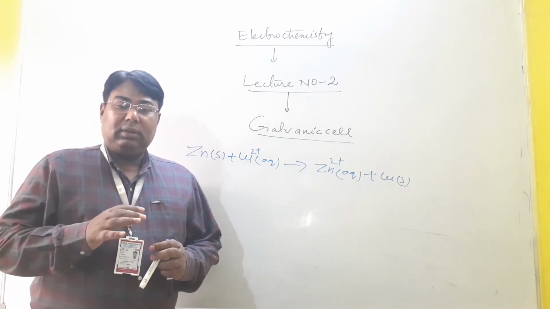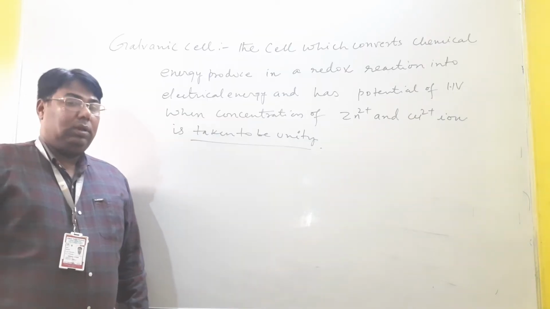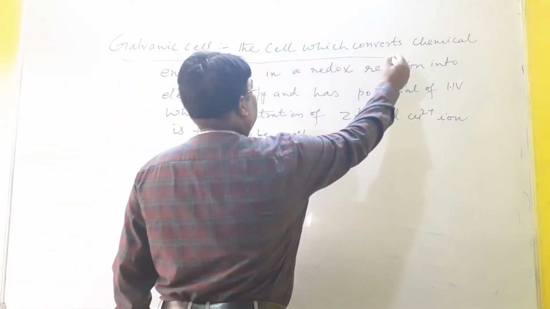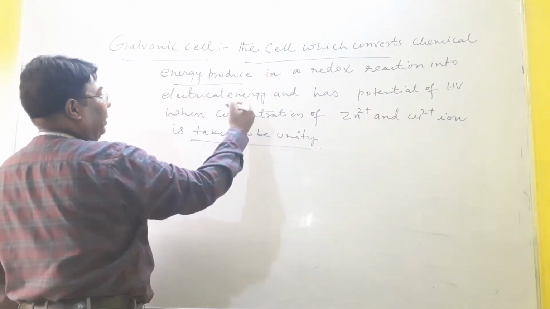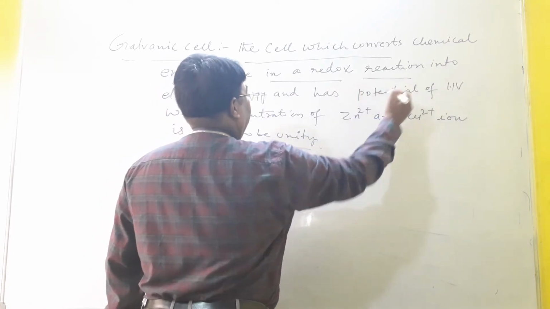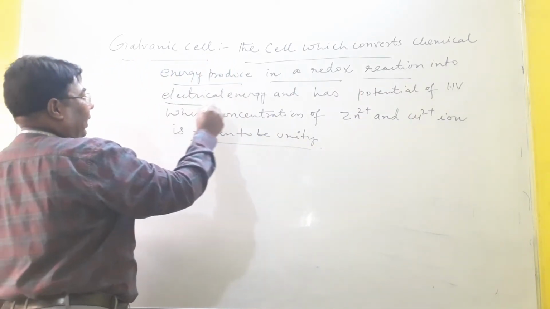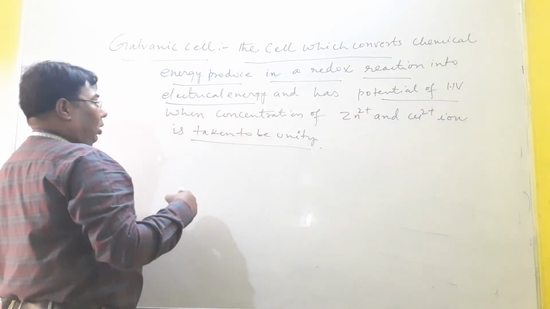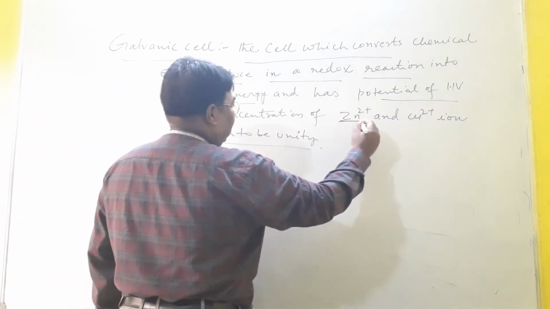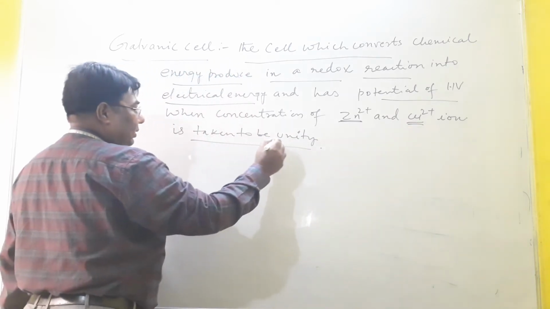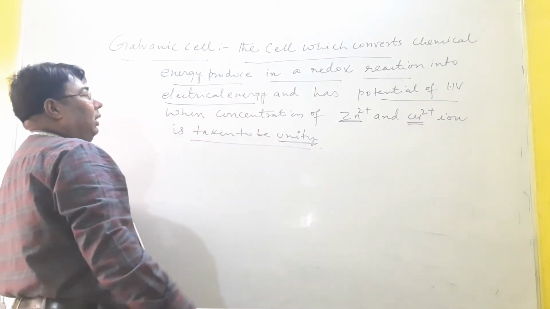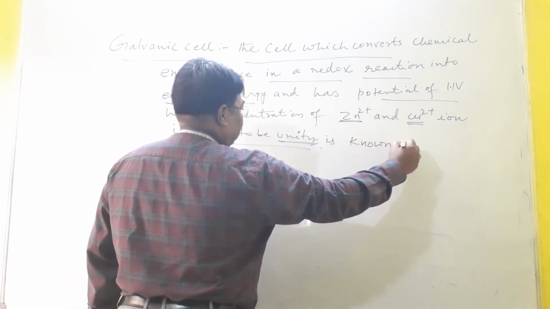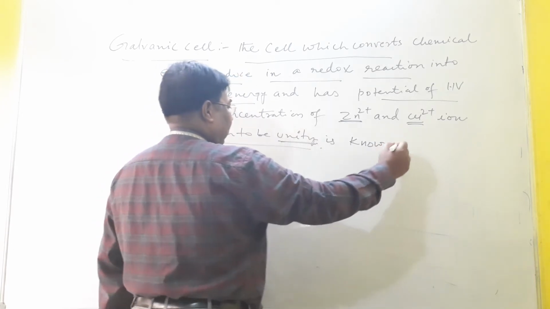Once again, the galvanic cell is the cell which converts chemical energy produced in a redox reaction into electrical energy and has a potential of 1.1 volt when the concentration of Zn²⁺ and Cu²⁺ ions is taken to unity.